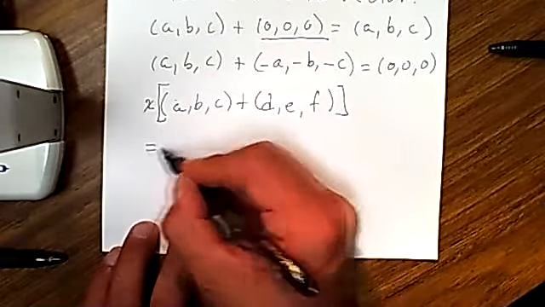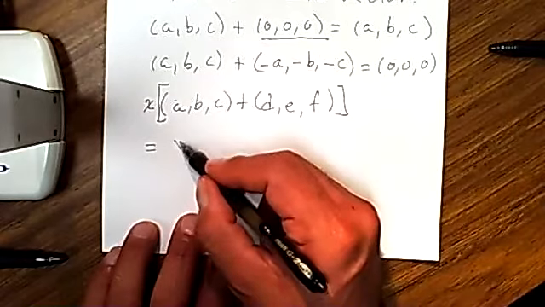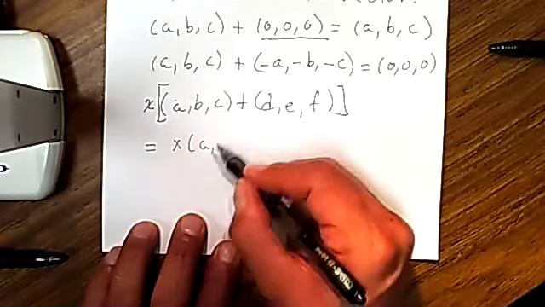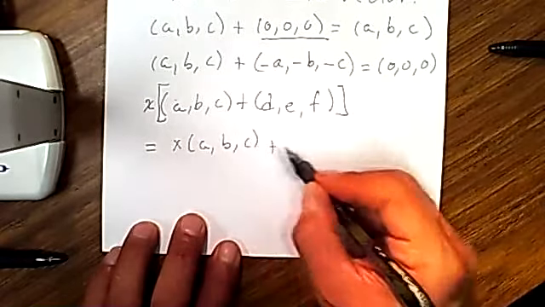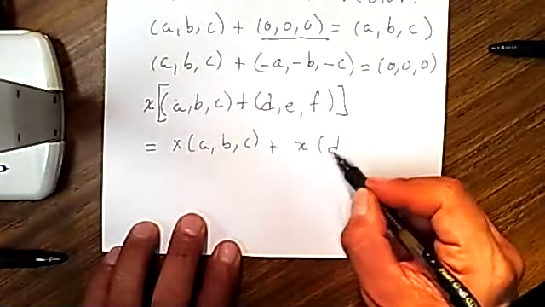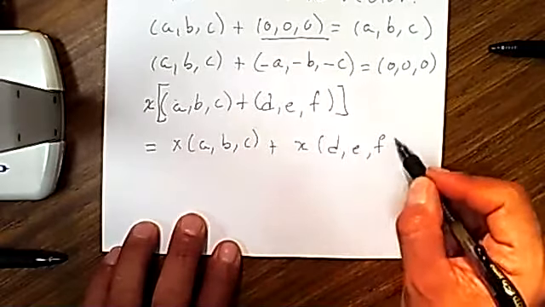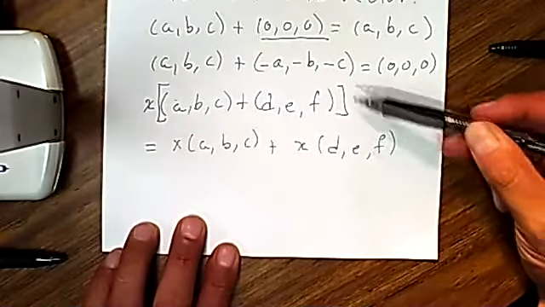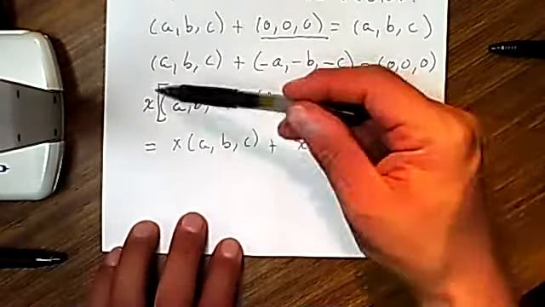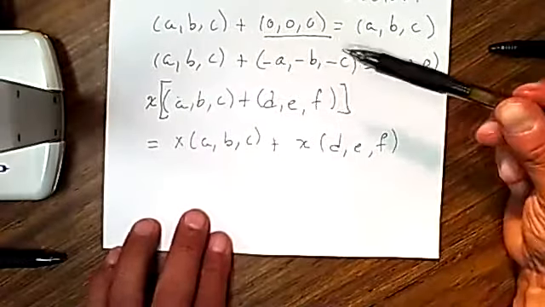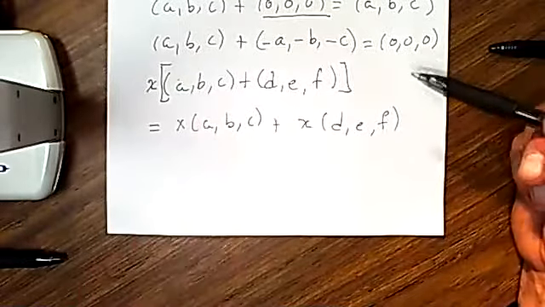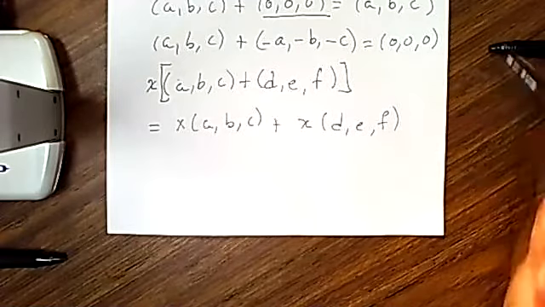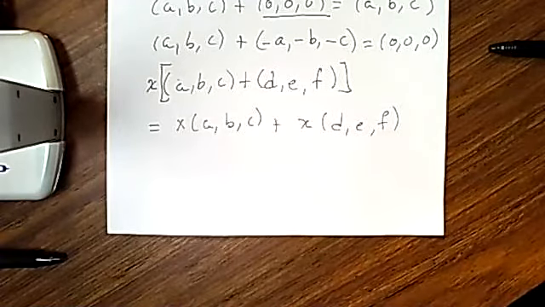That is the same thing as multiplying the x with each one of the vectors, a, b, c, plus x times d, e, f. And we can use this equation in both directions. We don't necessarily always distribute. We could factor instead. So that is the distributive of a scalar over the sum of 2 vectors.